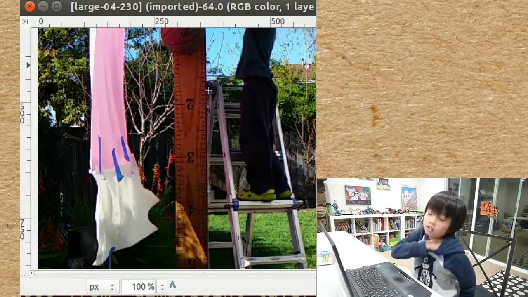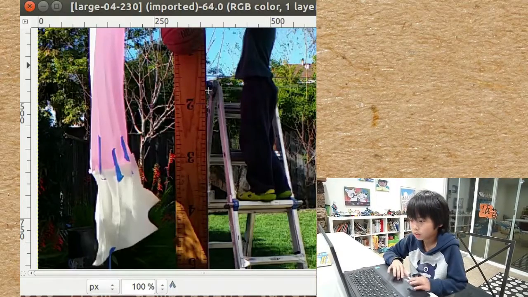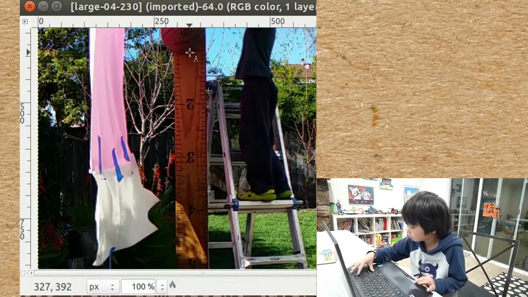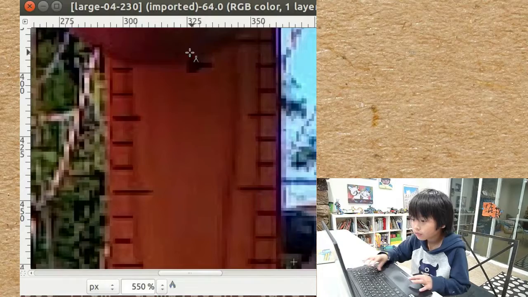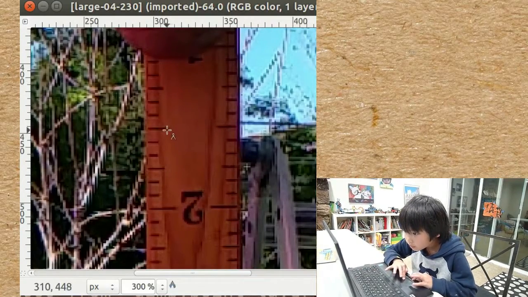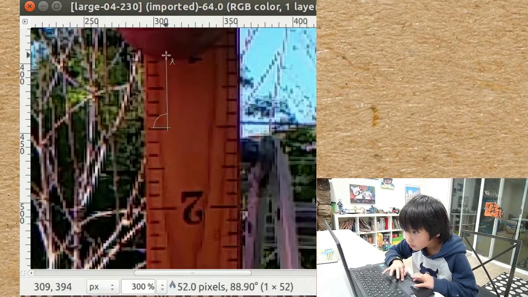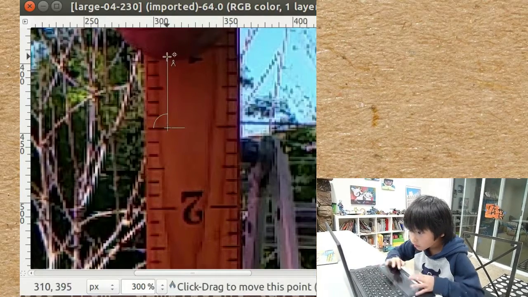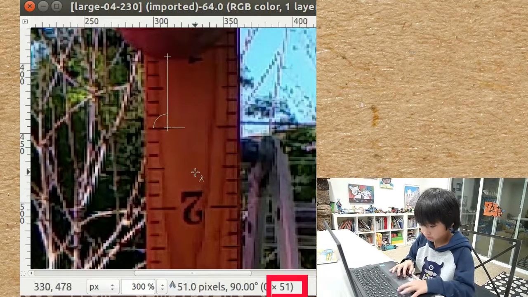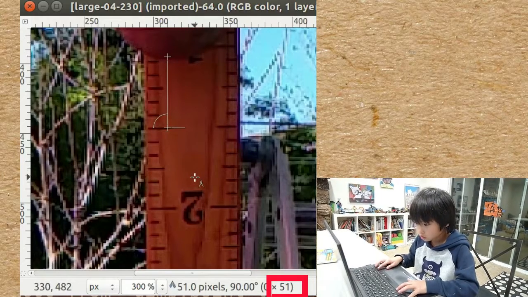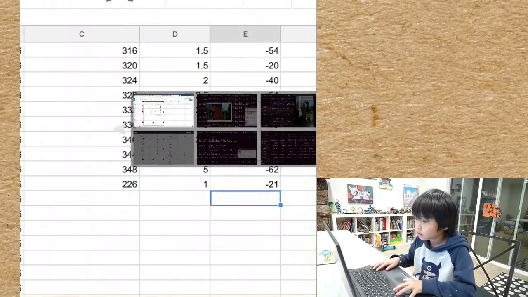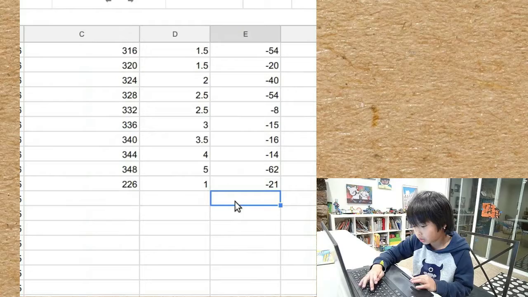We're going to measure the distance between the ball and the ruler mark. The number is 51, and then you just go and record it.